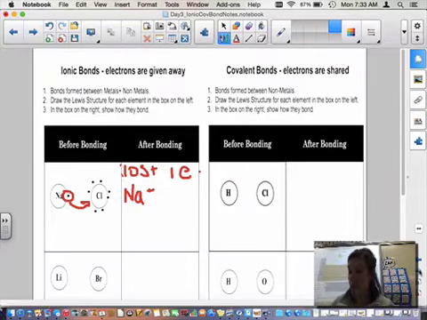Remember, the number of protons equals the number of electrons, and so therefore it's neutral.